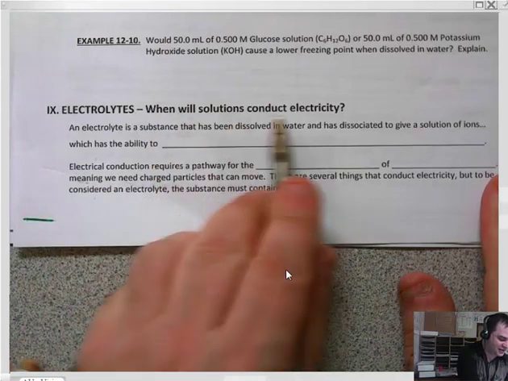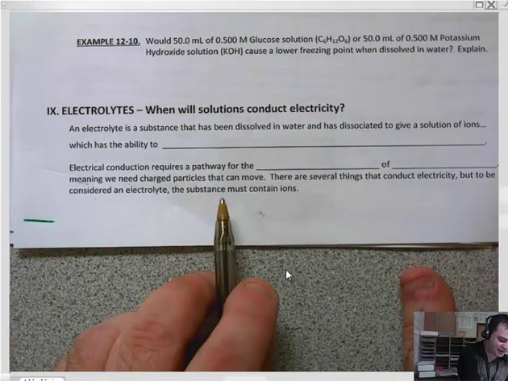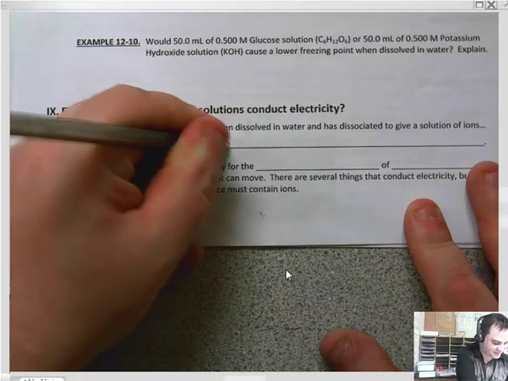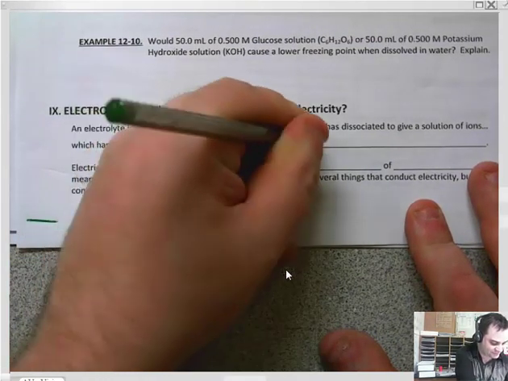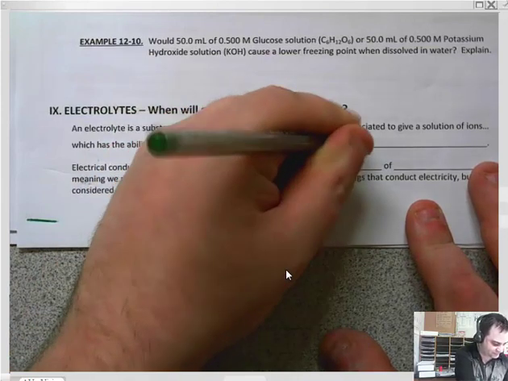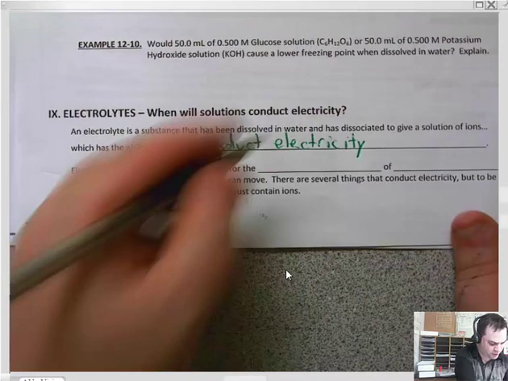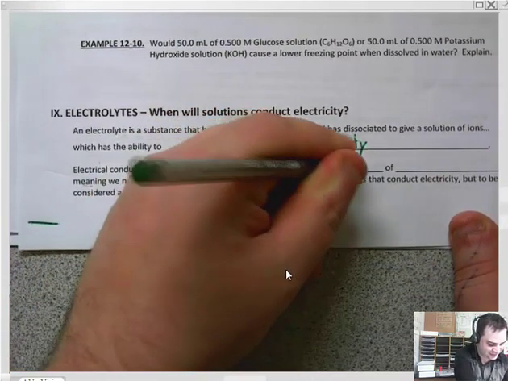When will solutions conduct electricity? An electrolyte is a substance that, when dissolved in water, dissociates and gives a solution of ions, which has the ability to conduct electricity. Electrical conduction requires a pathway for movement of electrons.